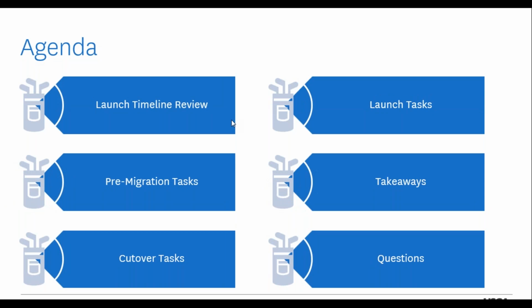So let's go ahead and take a look at some of the things that we're going to talk about today. We'll give you an update on our timeline, where we are with rolling out the new GHIN products. We'll talk about some of the tasks that you and your fellow committee members or club admins can take care of in preparation for this data migration and launch of the new products. We'll talk about some of the tasks that will be required for you to do, as well as some suggested tasks for you to take care of.